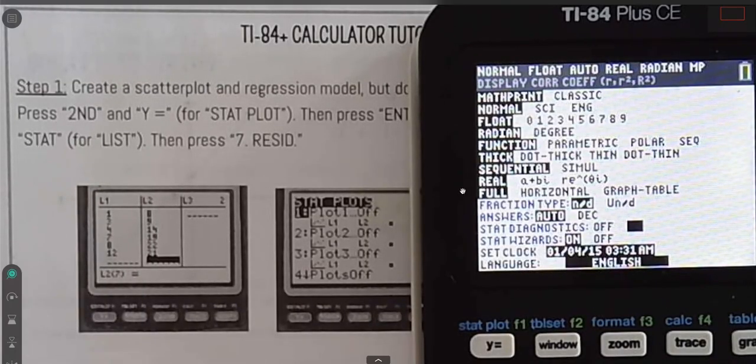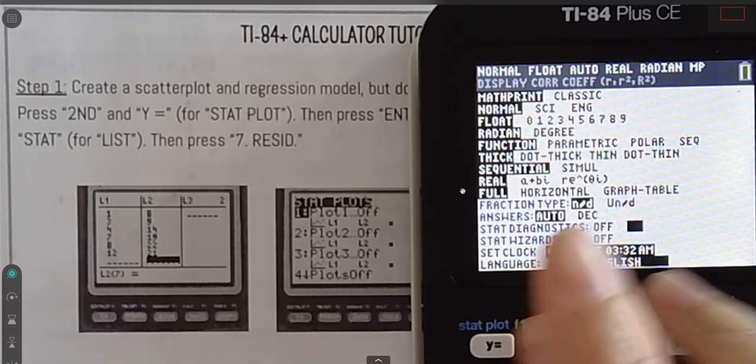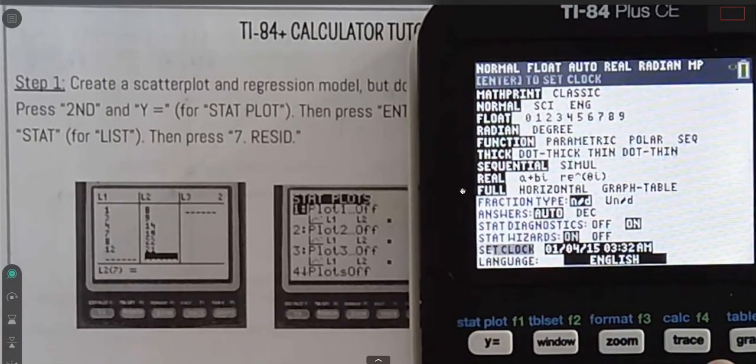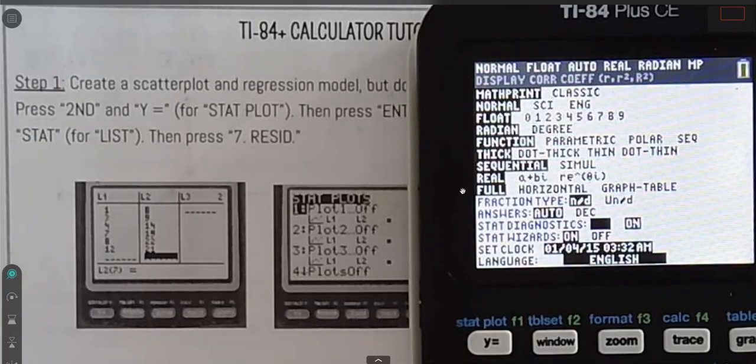It doesn't appear on the initial screen, but if you keep scrolling, it should be there. Mode. And then you want to turn stat diagnostics on. Stat diagnostics is here if you have the CE. If you have the regular TI-84 Plus, just keep scrolling past the screen and you'll see it eventually.